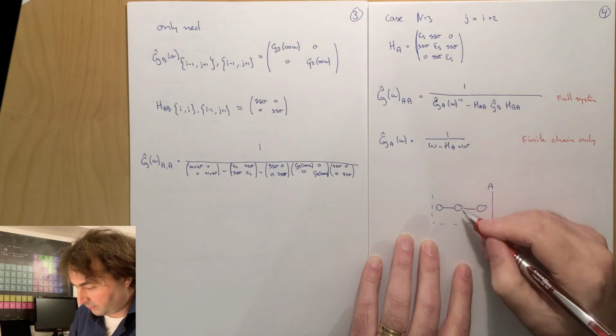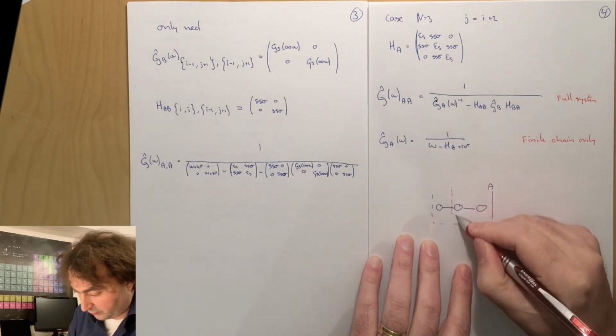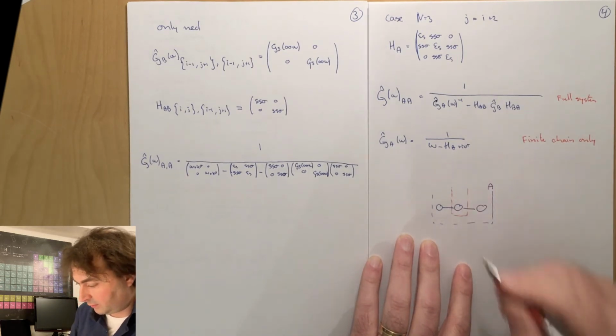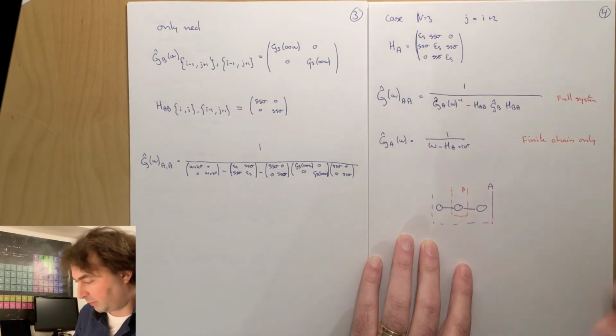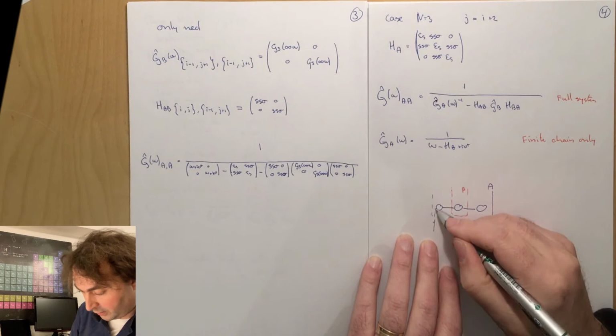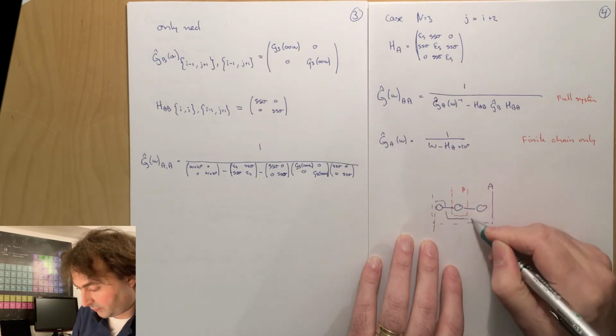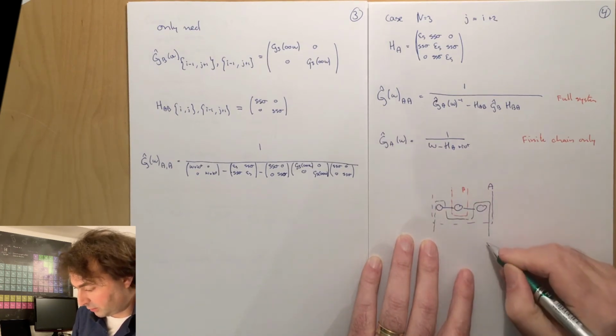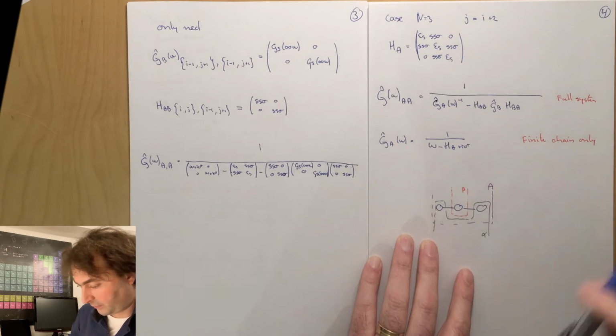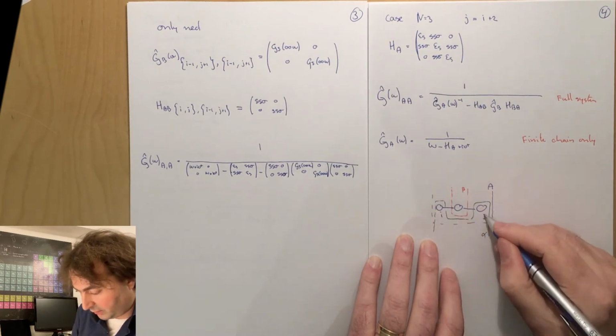Now we can separate this system further, and we say that the site i plus 1 belongs to subsystem B or beta, and the sites i and j belong to subsystem alpha. So this is site i and that is site j.